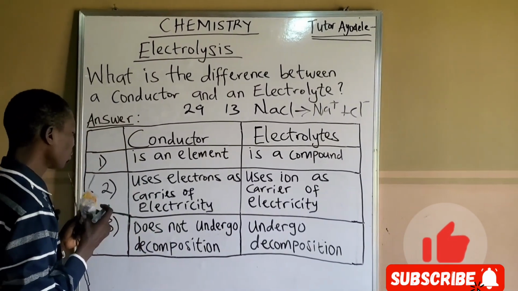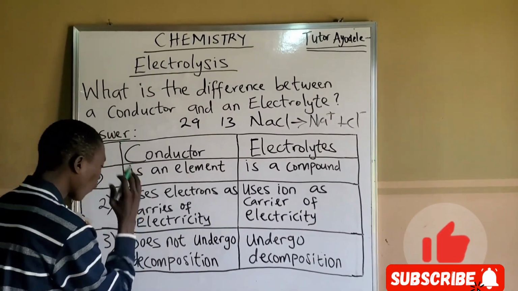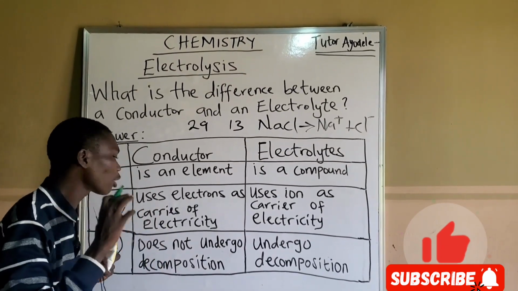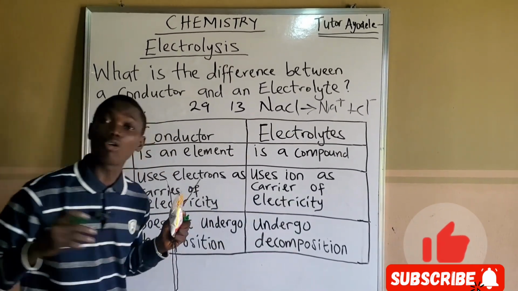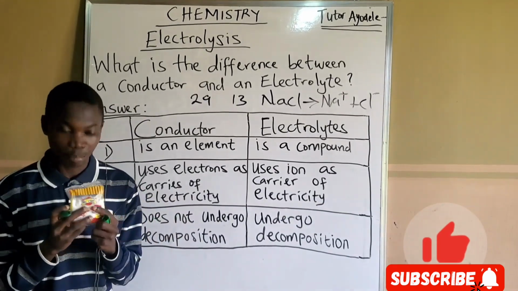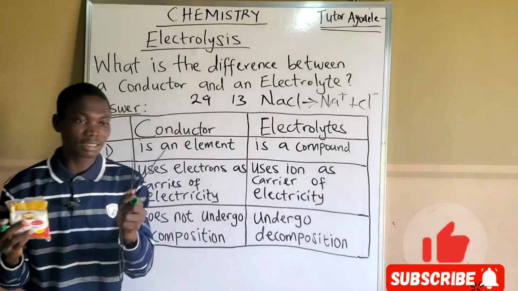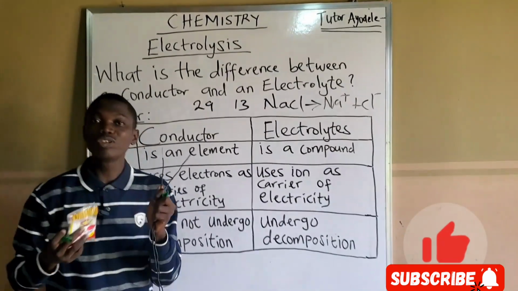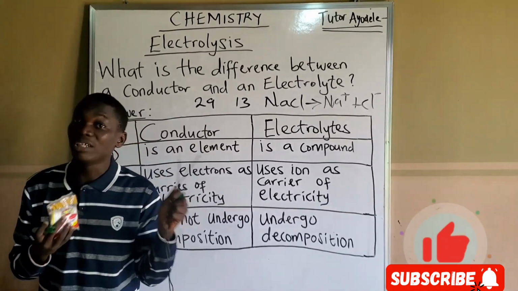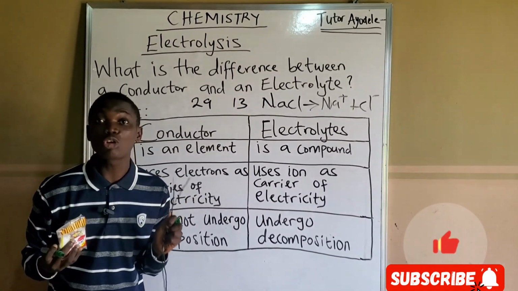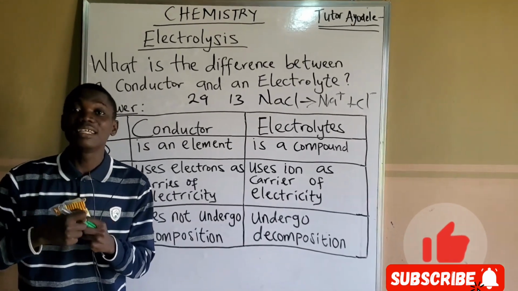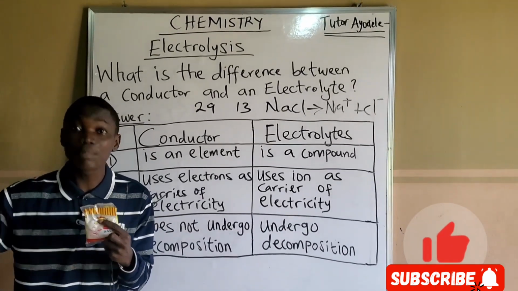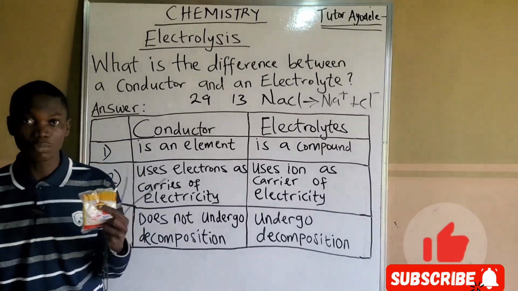That is for compounds. The number three difference is that conductors do not undergo decomposition, while electrolytes undergo decomposition. This is what that means. For example, look at this copper wire. We said copper is an element because it has atomic number 29, and elements are substances that cannot be split into simpler substances.